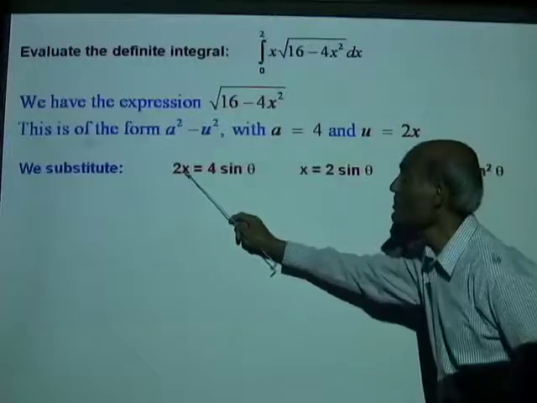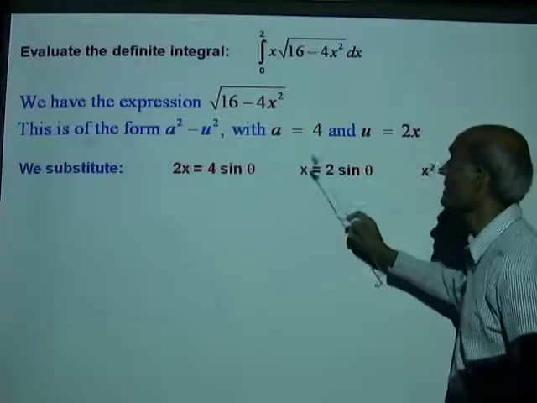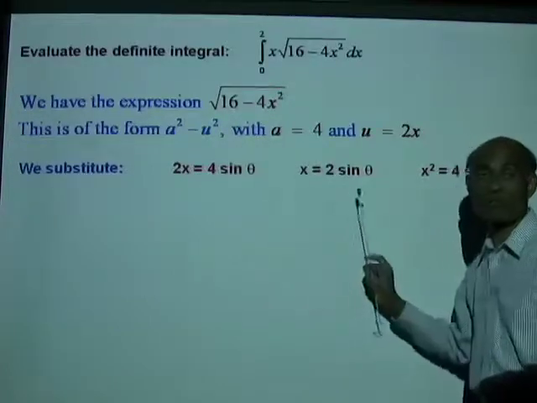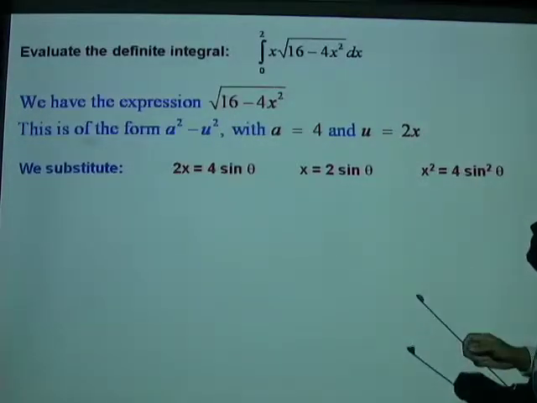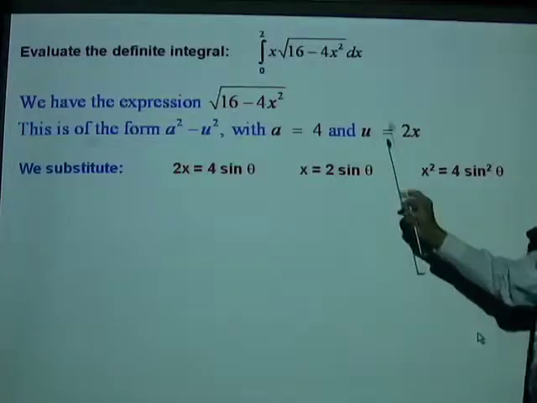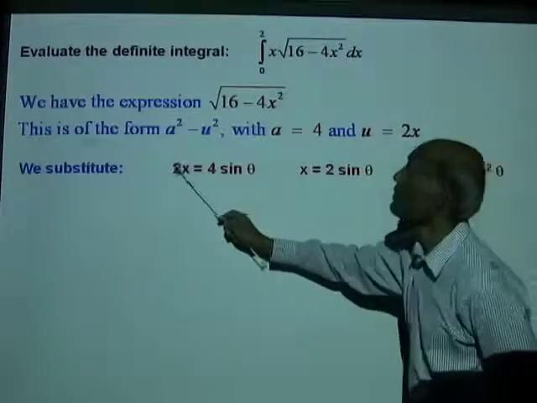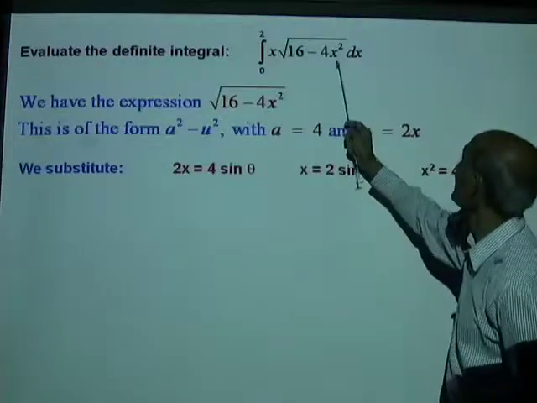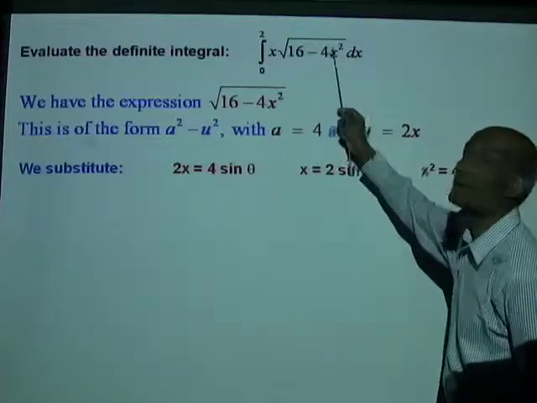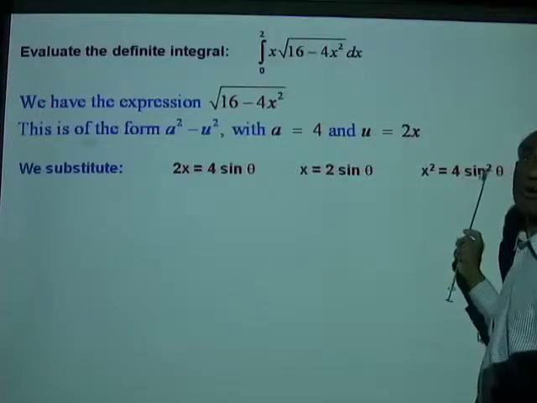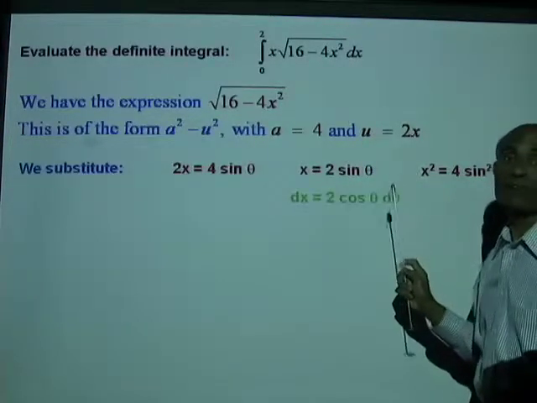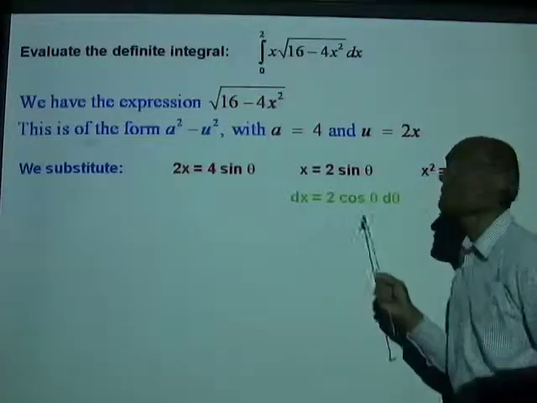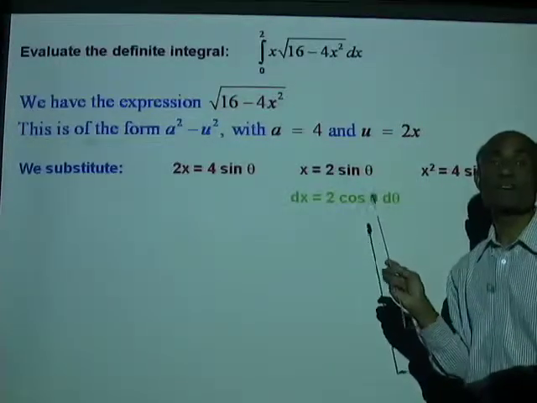So, if 2x equals 4 sine theta, then x equals 2 sine theta, is that right? Divide by 2. So, our x will become 2 sine theta, and x squared becomes 4 sine squared theta. And what is dx? If x equals 2 sine theta, dx will be 2 cos theta d theta.